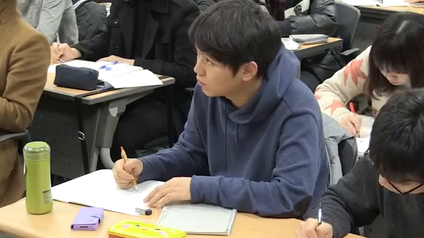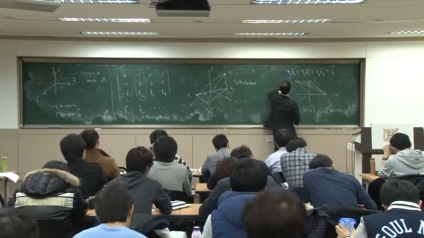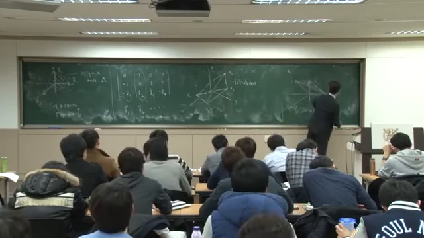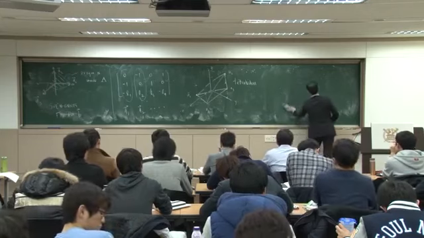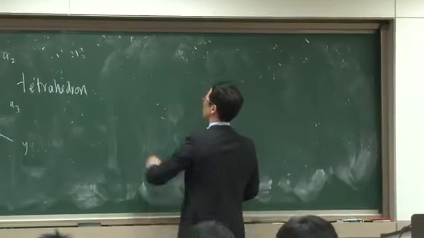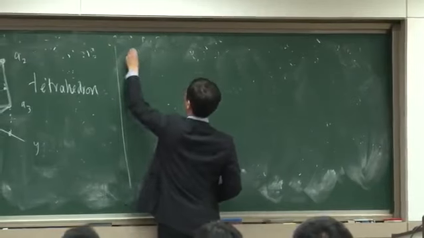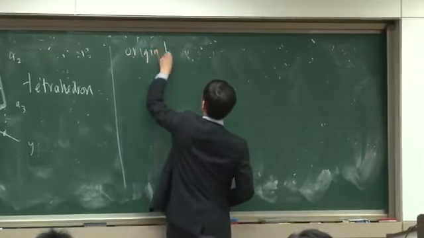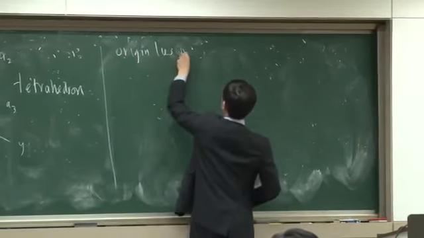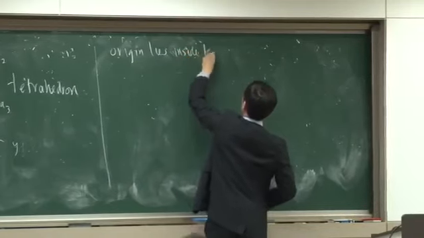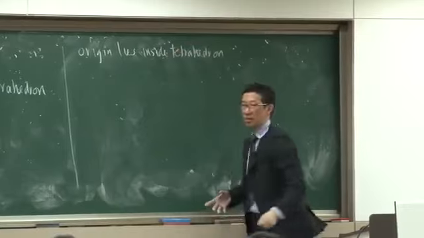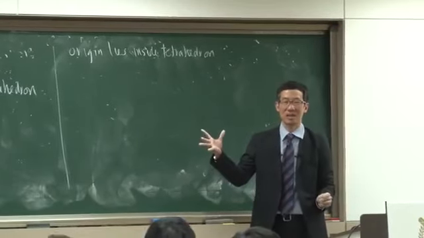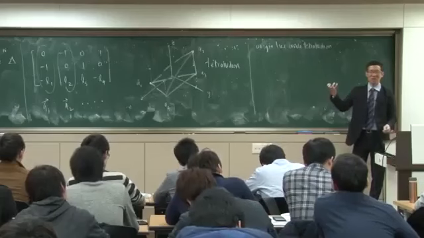So if the origin lies inside the tetrahedron, then a solution exists. We have form closure.